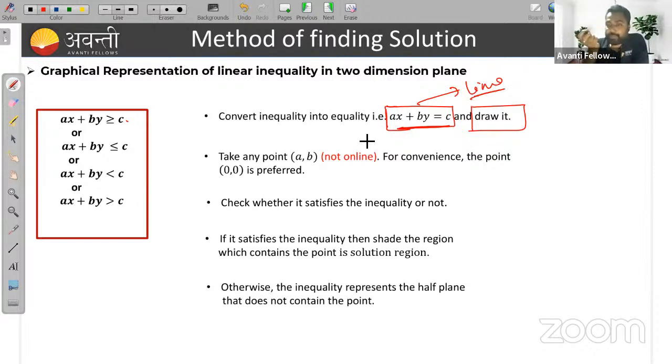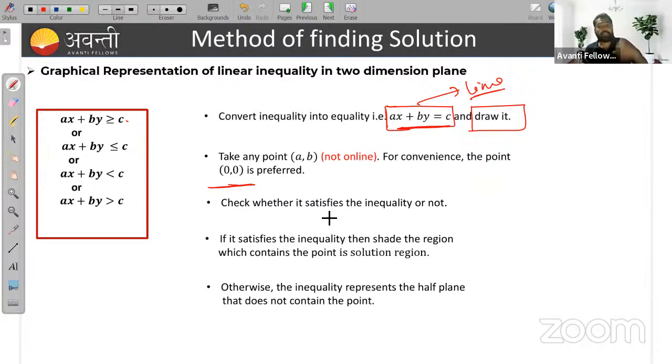Then take a point (a, b) not on the line, है ना. That point must not be on the line, है ना. So take any point (a, b), है ना. So generally for convenience we take 0, 0, that is the origin, simply, है ना. ठीक है. If you are taking 0, 0, check whether it is satisfying the inequality or not.